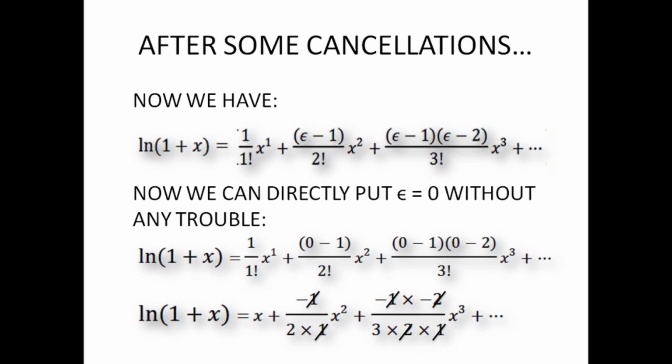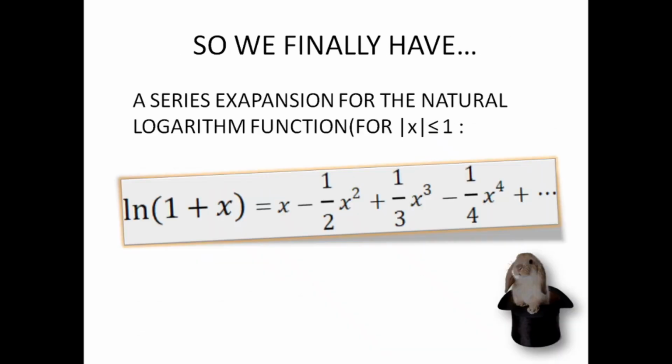Now we can cancel some terms out. After cancelling out terms, our series becomes ln 1 plus x is equal to x minus x square by 2 plus x cube by 3 minus x power 4 by 4 plus an alternating sign series. Okay, that's cute. We have pulled another rabbit out of a hat.